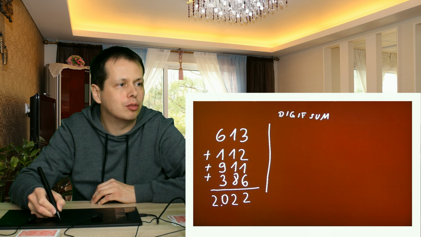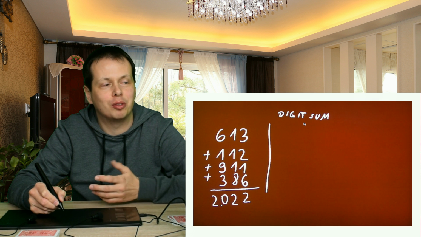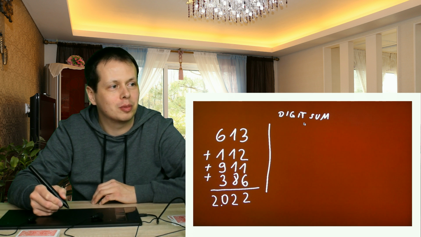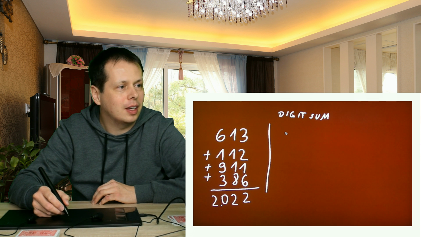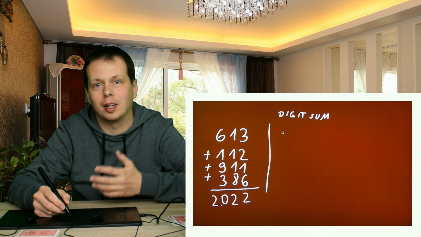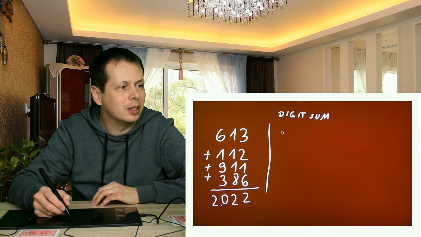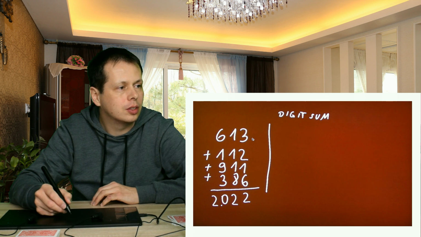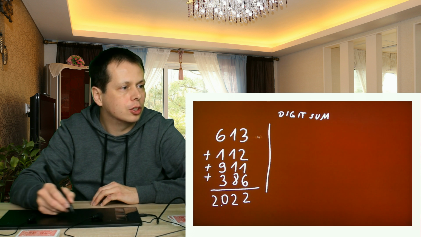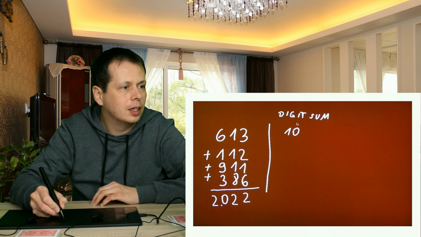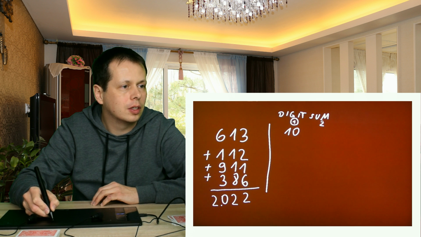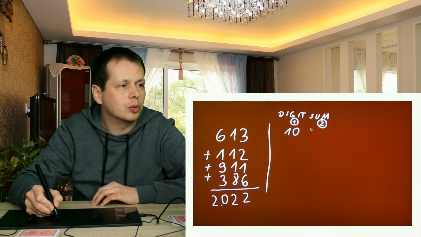I found several expressions for Quersumme, like cross sum, but I hope you know what I mean. So we have to add the digits. 6, 1, and 3 is 10. And we need this 2 times. So 2 times the digit sum, and the digit sum of 10 is 1.